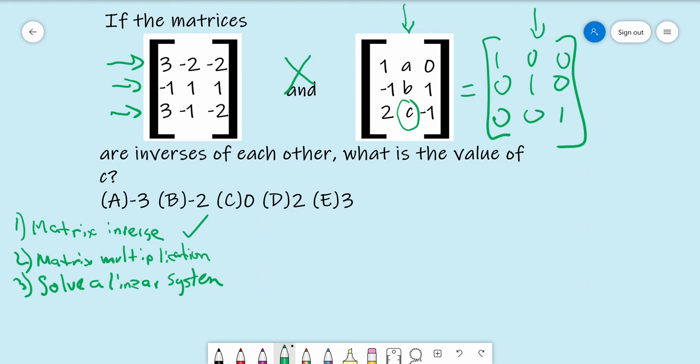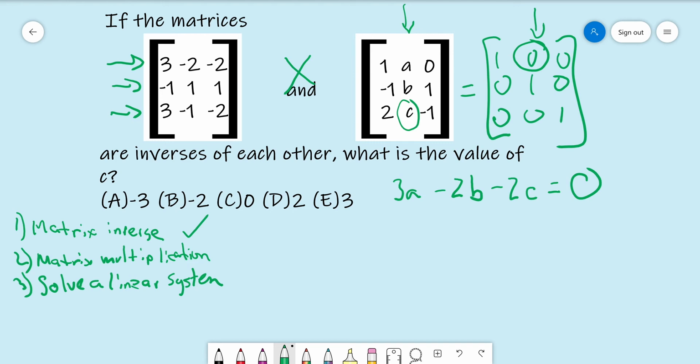So let's see. If we take the first row of the first matrix, dot product with the middle column of the second matrix, we'll get 3a minus 2b minus 2c, and all of that has to equal 0. Now let's do the second row of the first matrix, dot product with the second column of the second matrix.